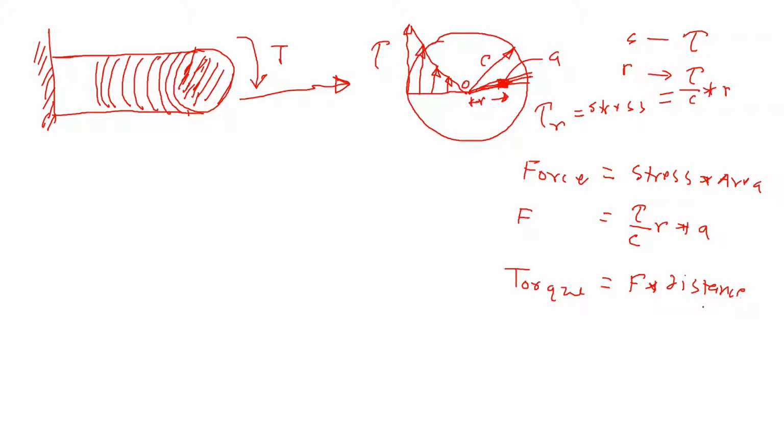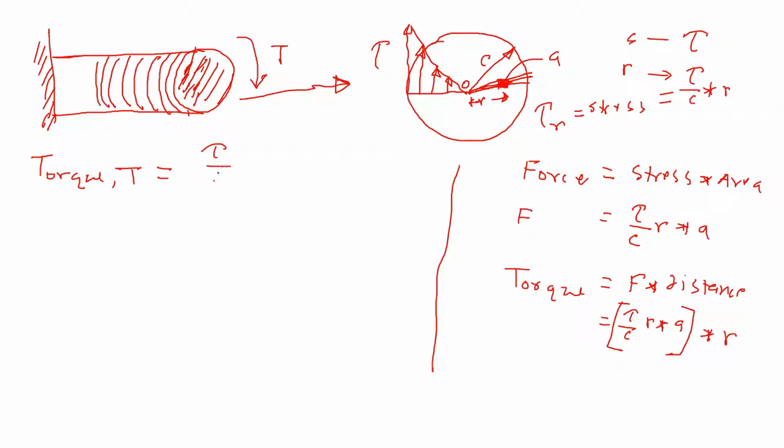In this case, the force is tau by C times R times A. This is our force, and then the distance is R from the center. Let's bring that here. So torque, that is the internal resisting torque, by the way, because we are looking at the inside of that piece.